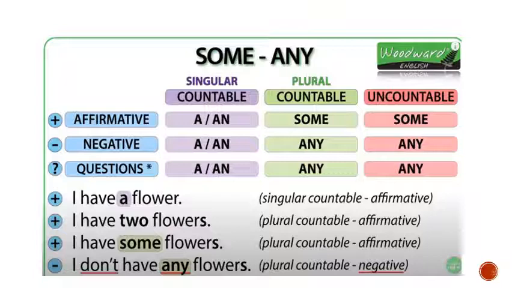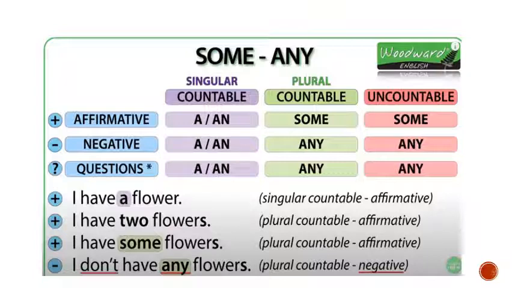I have a flower. Here it is used the indefinite article a with the noun flower, which is a singular countable noun. The second one, I have two flowers. We have used here the number two with a plural countable noun, flowers.